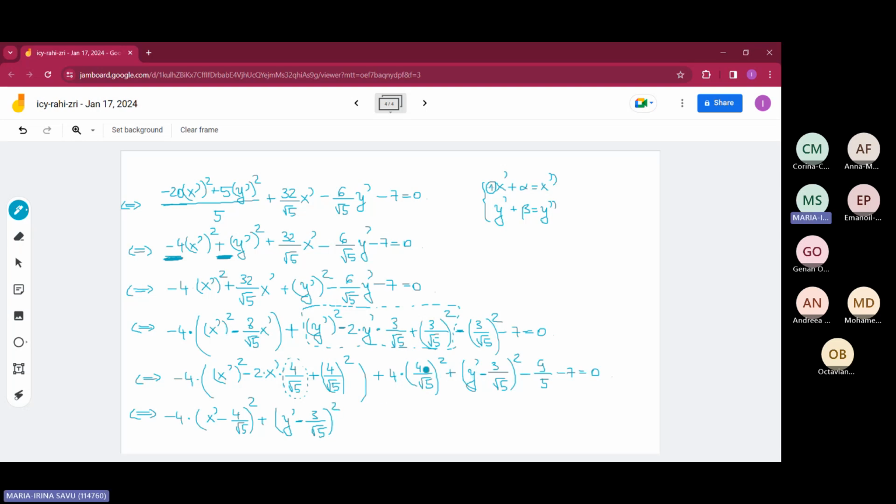And now see, we have 16 times 4, which is 64, minus 9, means 55, over 5 from here and here, minus 7 equals 0. Isn't it plus 55 over 5? Yes, I was looking at a minus, I don't know which minus. Here, you have plus.